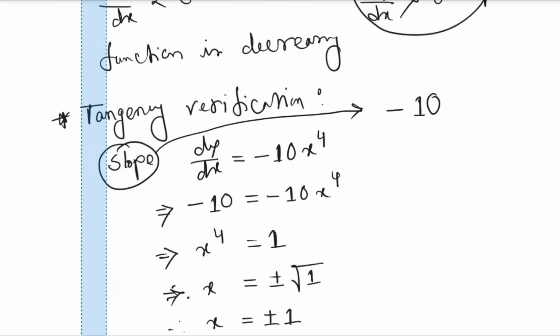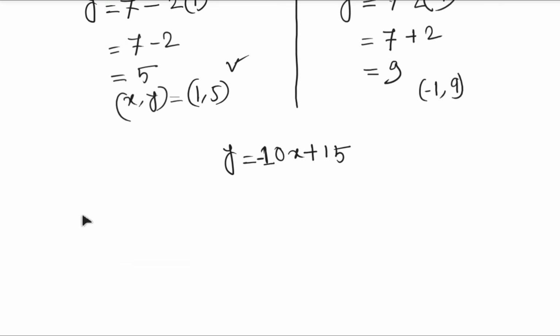So now if we plug in the value here, y is equal to minus 10 times 1 plus 15. What do we have? We have 5.